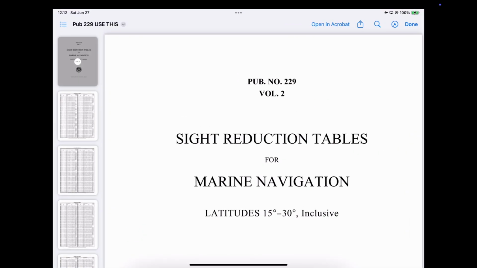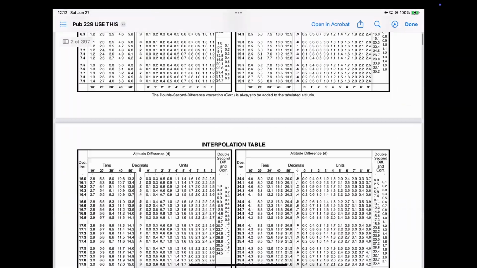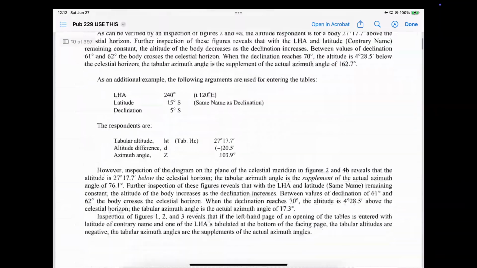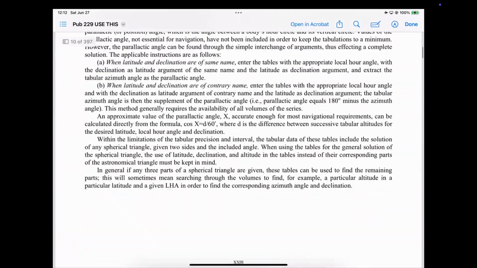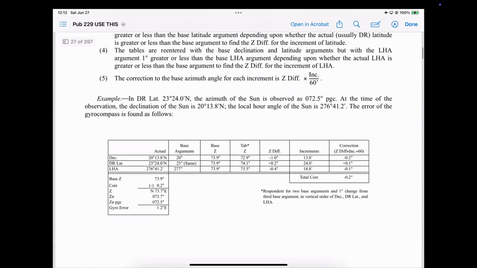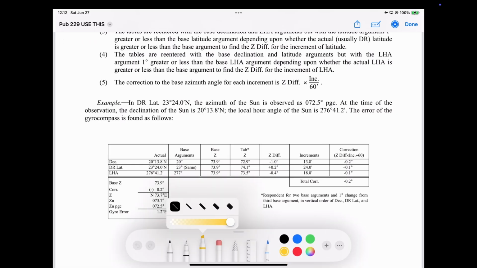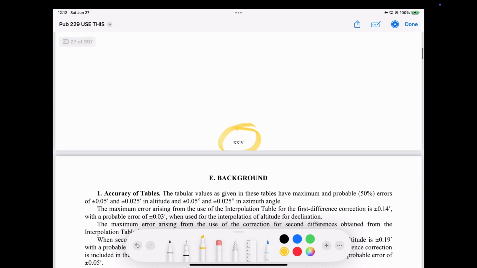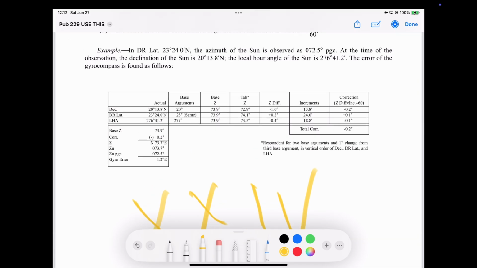We're going to scroll to my favorite page, and it's not that far. It's in the front of the book. I fell in love with this page back in 2018 when I took my license. This page is XXIV. It's my favorite page.